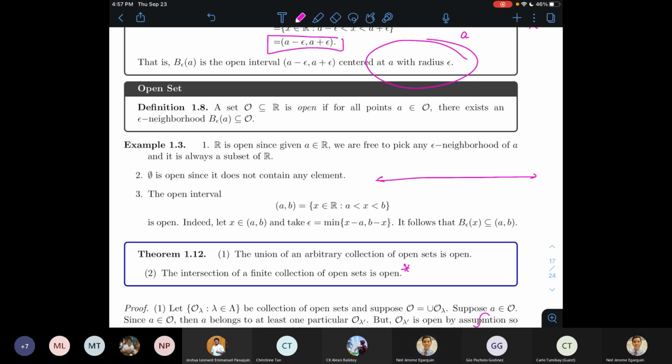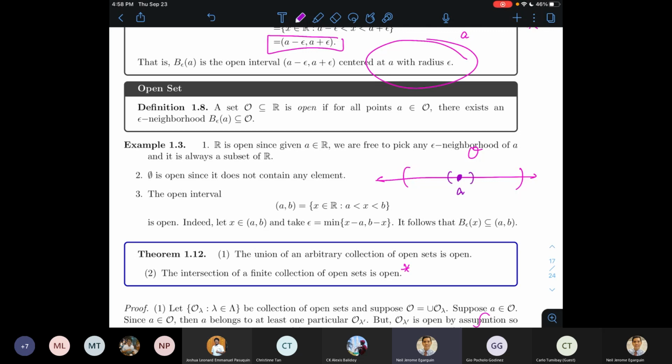So graphically, sa set of real numbers, mas madali lang siya. Okay. Kung ito yung set O, gawa mula dito hanggang dito, ito yung set O. Matetest mo kung siya ay open kapag kumuha ka ng kahit anong element niya. Okay? Kunin ko to. Meron ba akong epsilon neighborhood na makukuha around A that is properly contained in O?